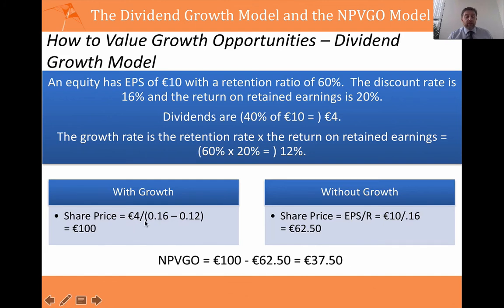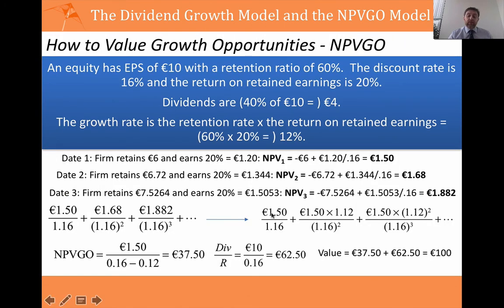So just look at that. It's the same formula, but this time instead of the dividend, we're looking at the NPV of the retained investments. What's the value of the company without the growth opportunities? Then you've got just basically the dividend.